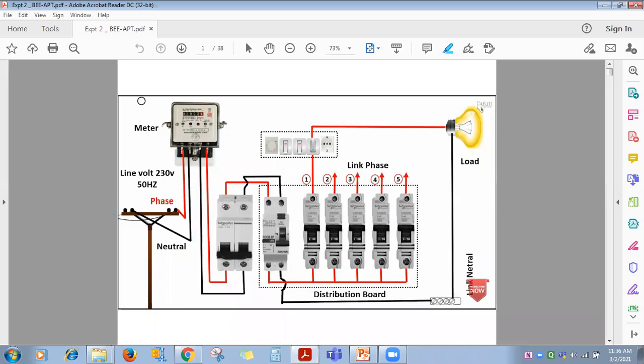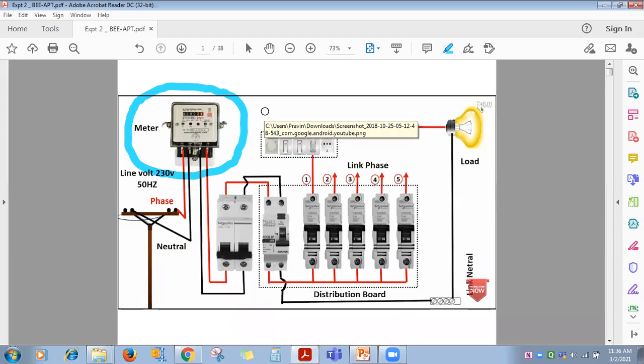Now this energy meter displays energy consumed by the consumer in kilowatt hour. 1 kilowatt hour is equal to 1 unit. Earlier days, the induction type of energy meter was used. In it, you will find a rotating aluminum disc, one permanent magnet and two electromagnets.